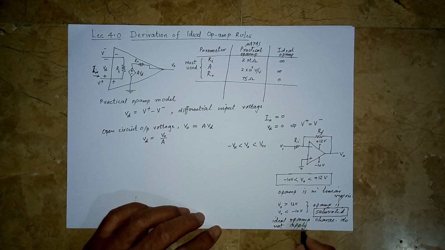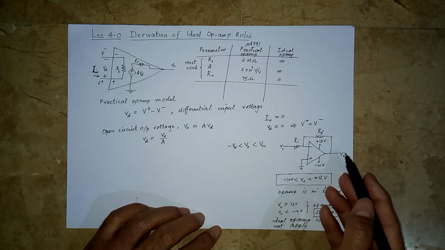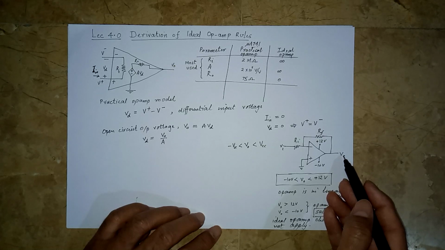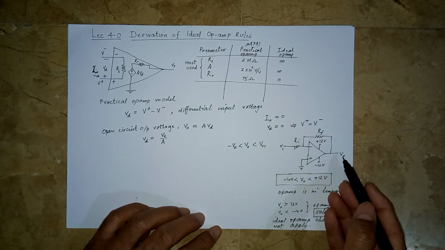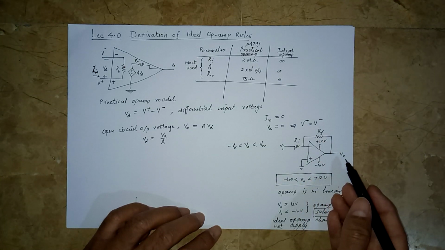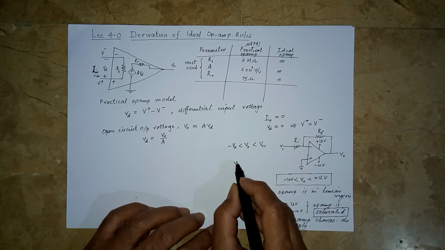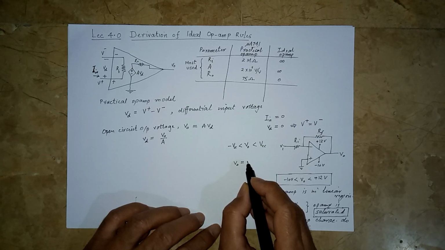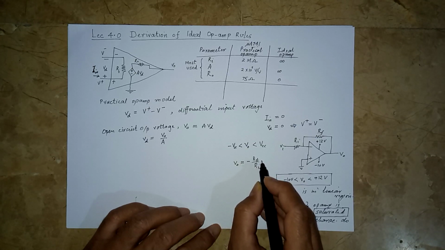So for example, if your calculation finds for this circuit that VO is equal to 25 volts, it cannot go to 25 volts. And if you test this configuration in a lab, VO would be 12 volts actually, or very close to 12 volts. Suppose Ri, here we know VO is equal to minus RF over Ri into Vi.